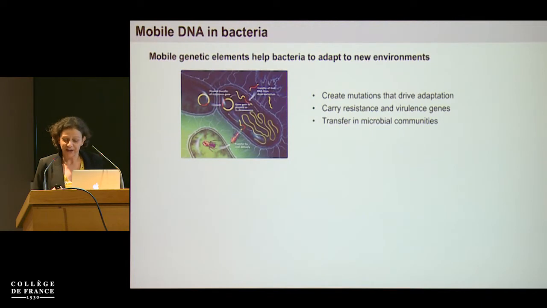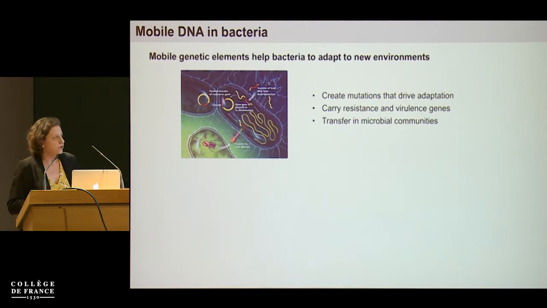For today, I want to primarily focus on mobile genetic elements in bacteria, which certainly provide very strong evolutionary and adaptational drivers in bacteria and bacterial communities as well. By creating mutations, mobile elements can drive adaptation in bacteria, allowing them to overcome challenges of the environment and creating bacterial cells that can better survive in the new environment.